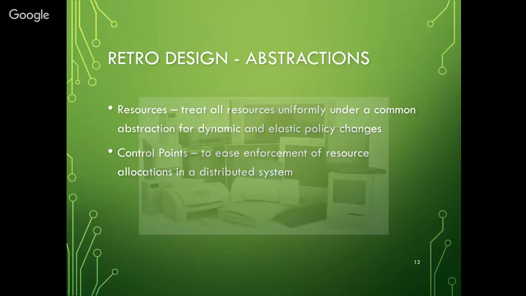What these do is ease the enforcement of resource allocations in a distributed system. A control point is a point in the execution of a request where policies can be enforced. Control points are also executed locally at that point in time, and the configuration of a control point is done centrally from a defined policy.